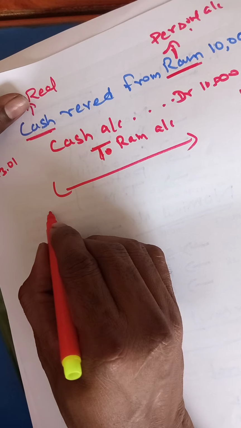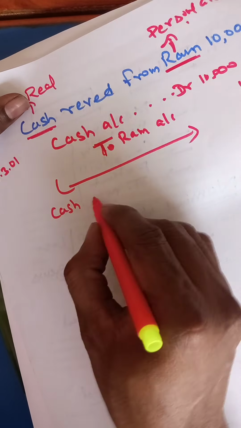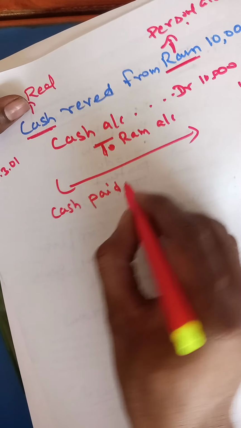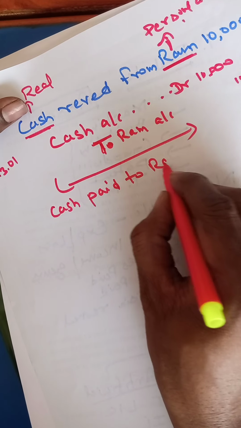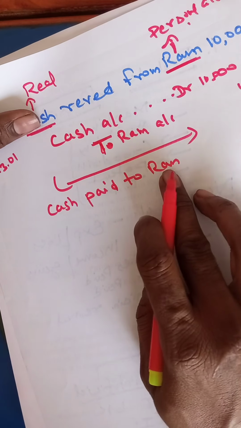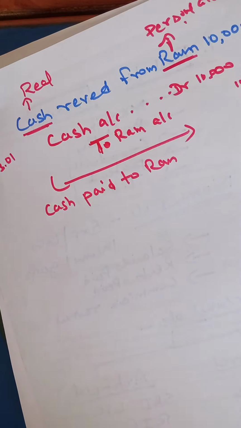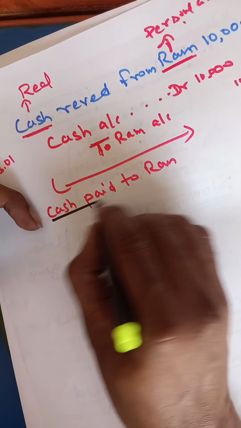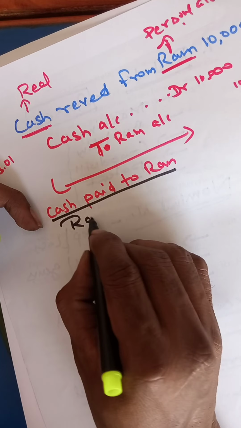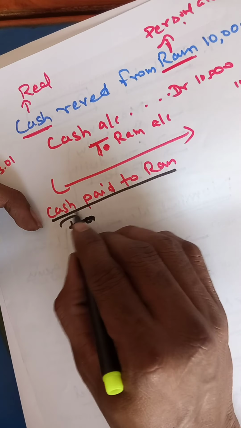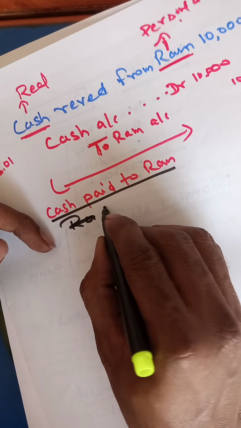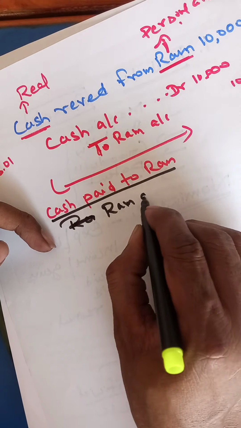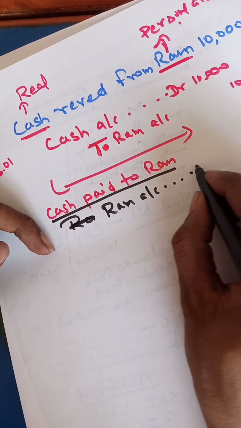If cash is paid to Ram, then Ram is a receiver, so we have to write Ram account debit.